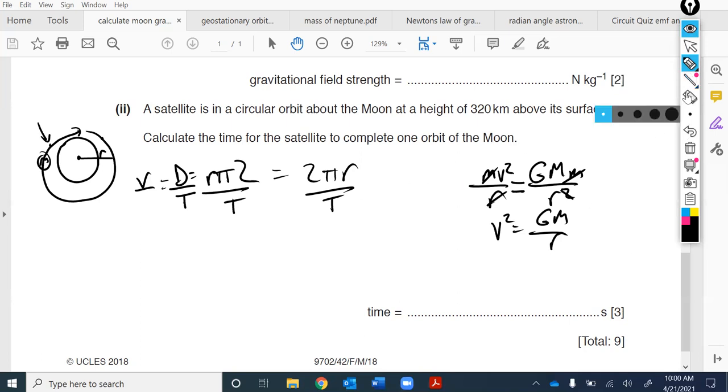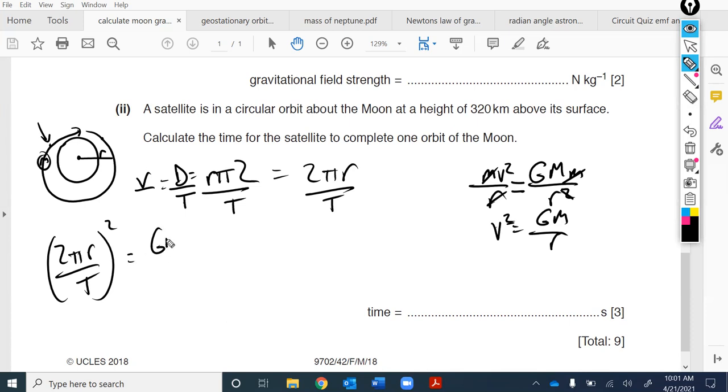So if v is 2 pi r over t, then v squared, we'll just plug all that in over here. So we've got 2 pi r over t, which is the velocity, but it's squared. And that's equal to GM over r. So that becomes, as we've seen many times, 4 pi squared r squared over t squared equal to GM over r.